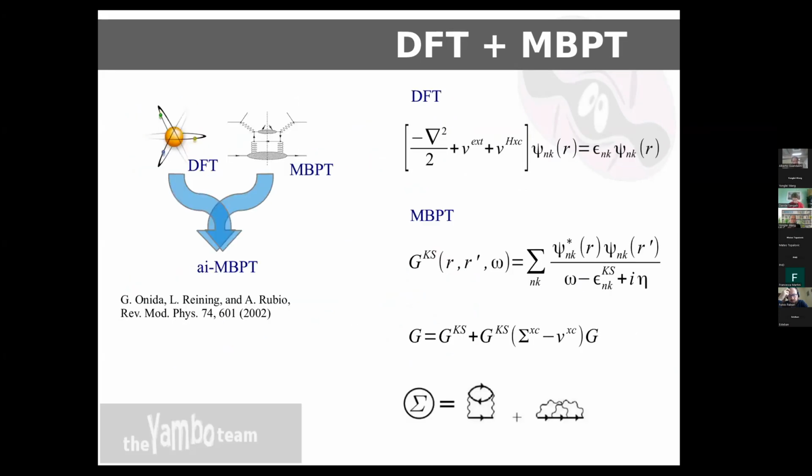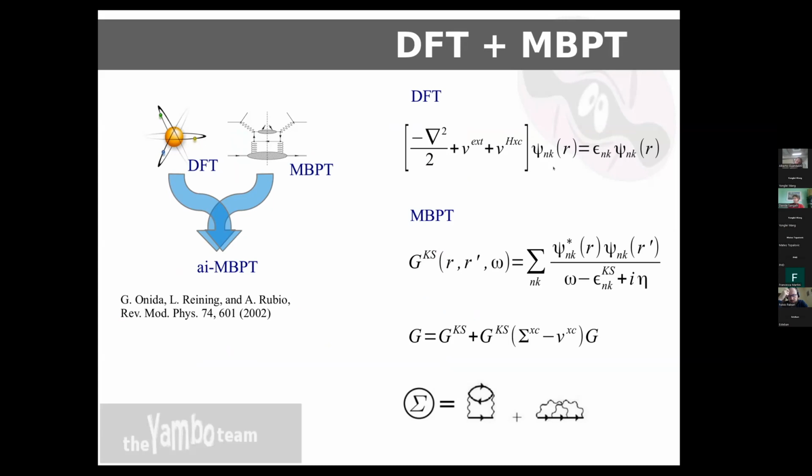Now, the key idea behind what is called ab initio many-body perturbation theory, and what is implemented in the Yambo code, is to merge these two aspects: to merge density functional theory and atomistic calculation with all the diagrammatics of many-body perturbation theory.